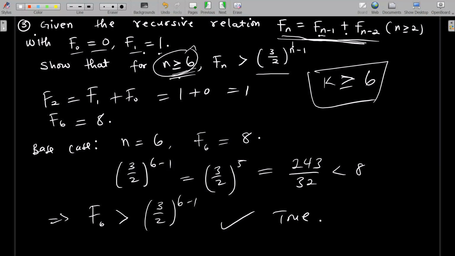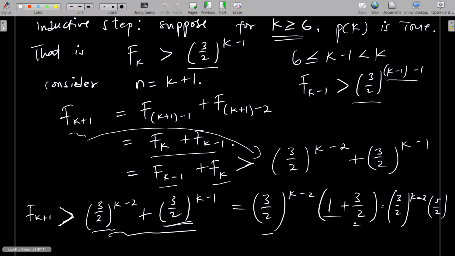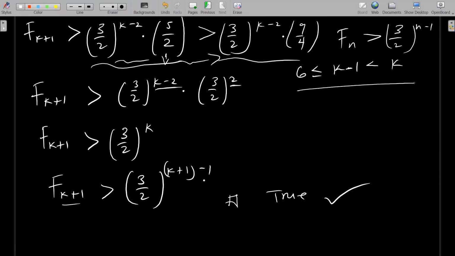Since k is greater than or equal to 6, and that we have this argument here, when k is equal to 6, what happens? You have 6 is less than or equal to 6 minus 1. So you get 6 is less than or equal to 5, which is not true, right? 6 is not less than or equal to 5.